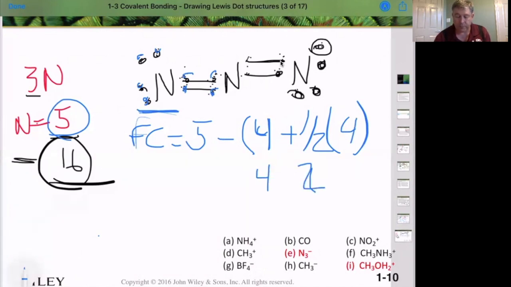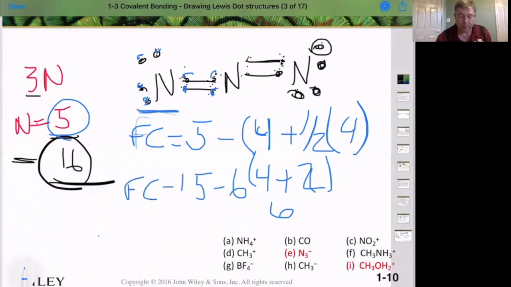And so we have 4 plus 2, which makes it 6. So we have 5 minus 6, and our formal charge on this nitrogen is -1. Ooh, we have a -1 here already. Cool. Maybe that means we're balanced out, okay? So the formal charge on this nitrogen is -1.